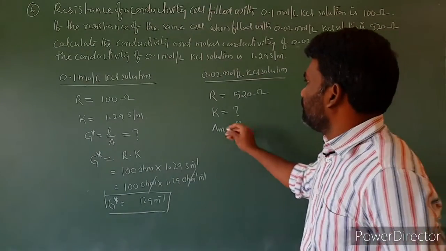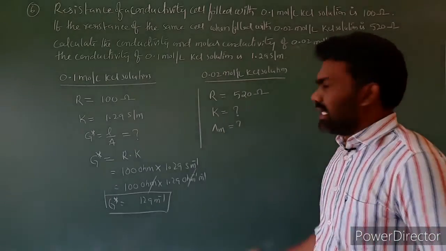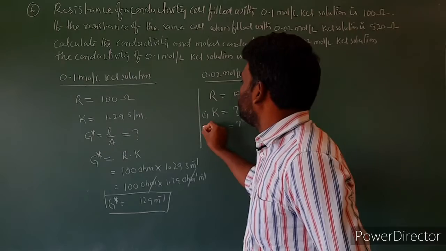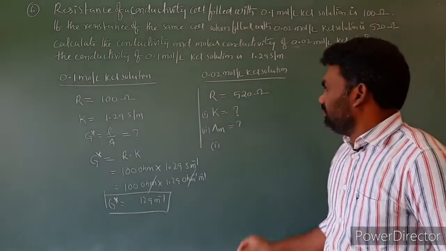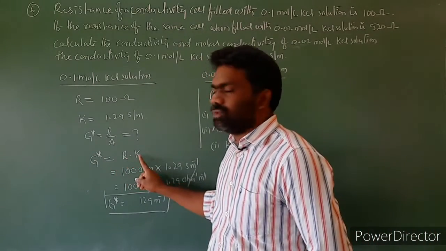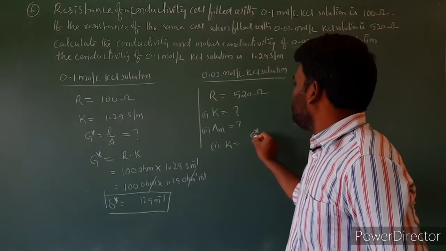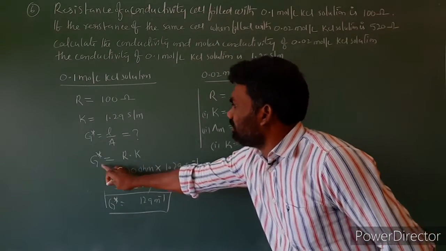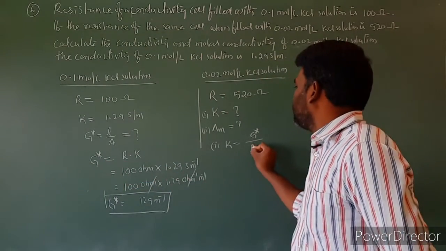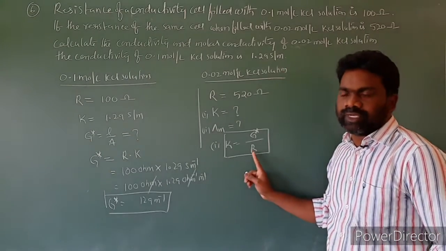Next we have to calculate the K value. I am taking this as the first and labeling the next as the second. First I am finding K. Already we wrote G star is equal to R into K, so K is equal to G star by R. This is the formula we use to find the K value.